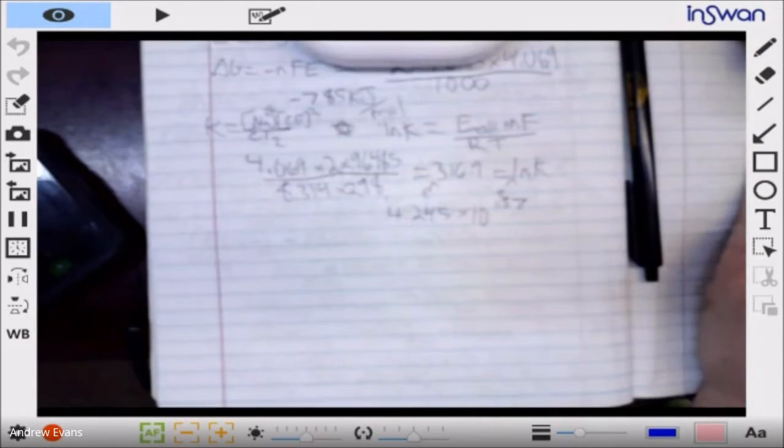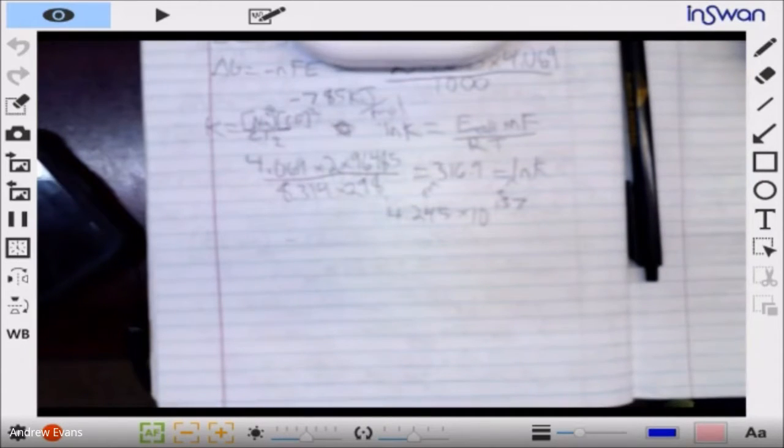So just think of how big of a number that is. When we dealt with acids and bases, we dealt with Ks that are all like 10 to the negative 12th or 13th, or a really weak base might have been 15th.